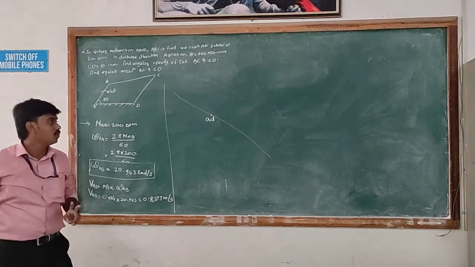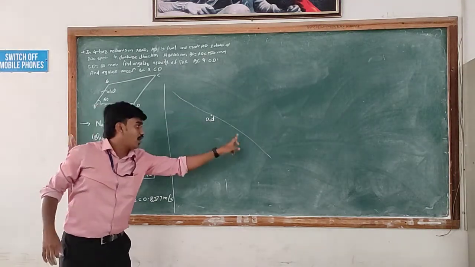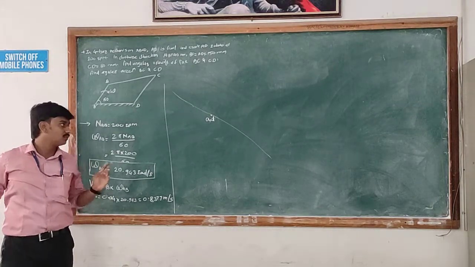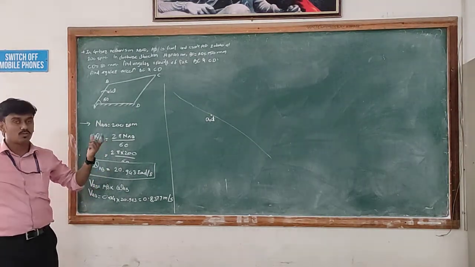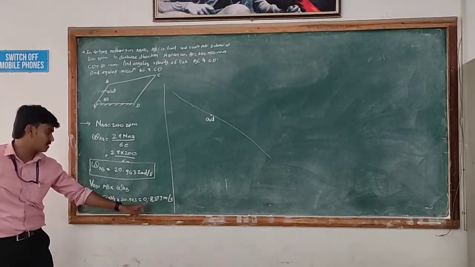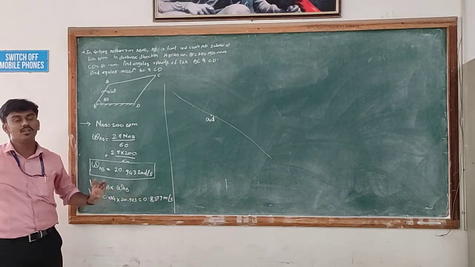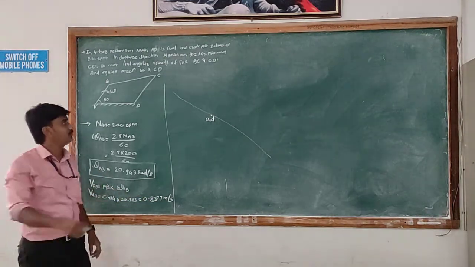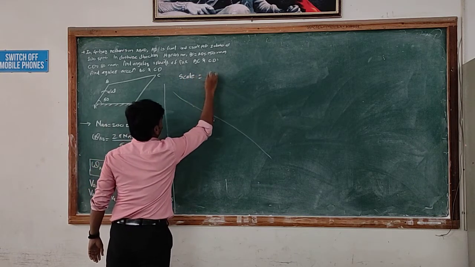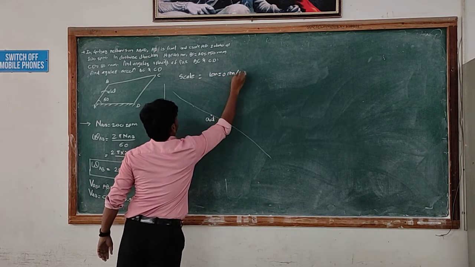Okay. Now we have to mark the point B, which lies on this line, and what is the magnitude of this vector AB? It is 0.8377 meter per second. So we will consider some scale. Suppose scale is equal to 1 centimeter is equal to 0.1 meter per second. Okay.